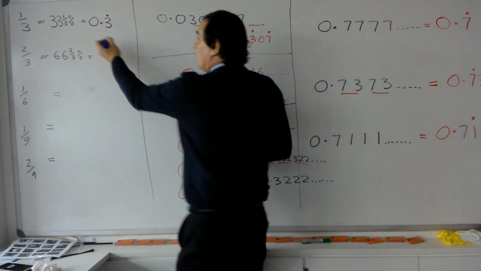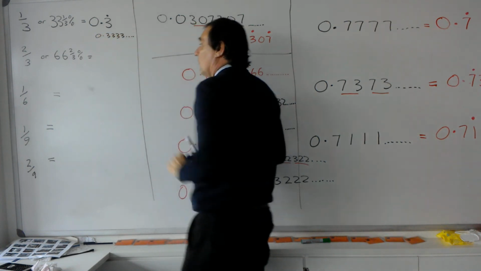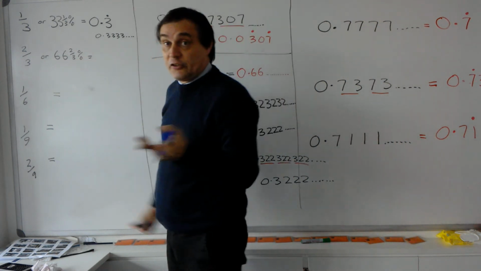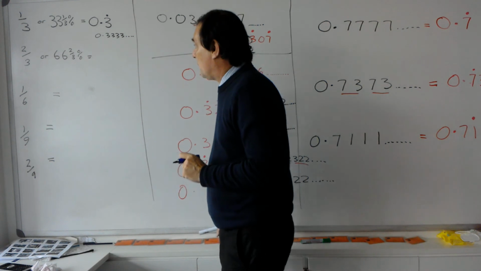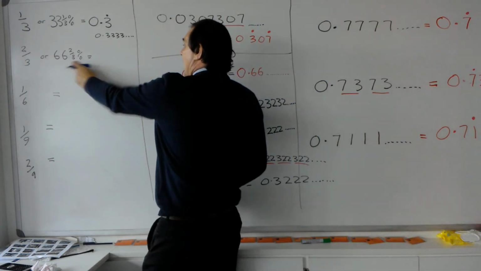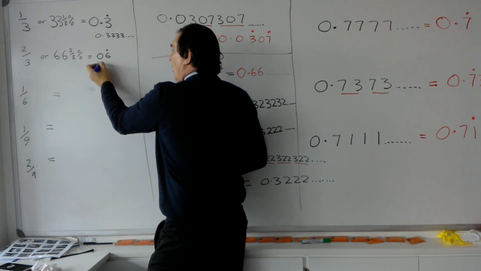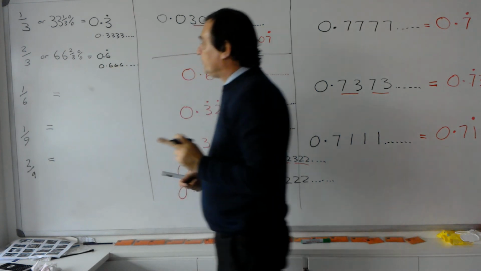It's 0.333 and so on. Two thirds, if you ever see two thirds, it's 66 and 2/3 of a percent, in the same way that a third is 33 and a third of a percent. You could write it as 0.6 with a dot above it, or you could write it as 0.666 and so on.